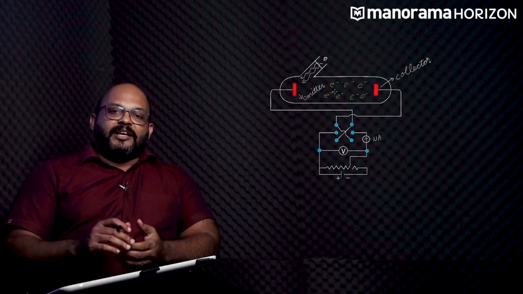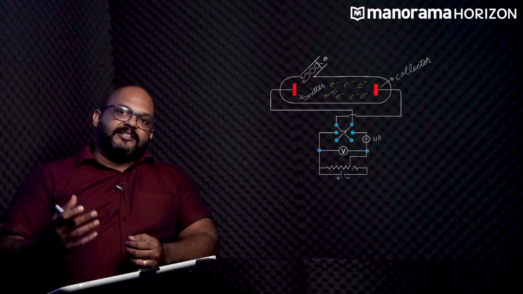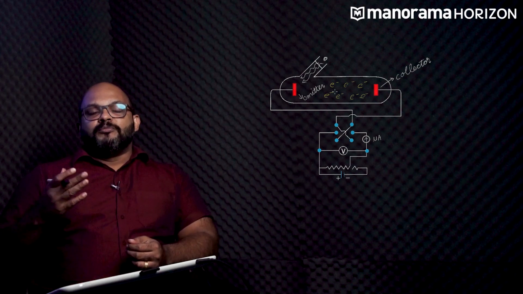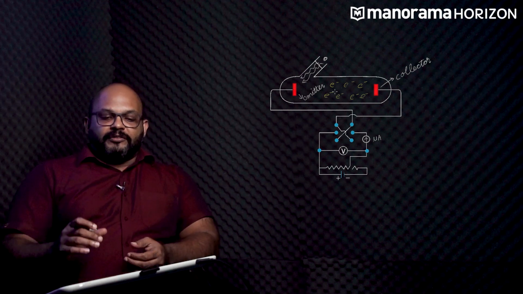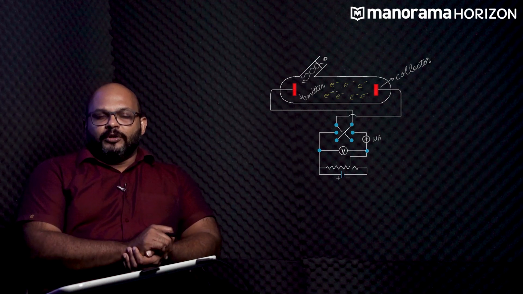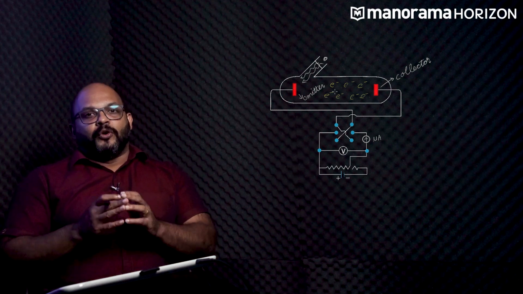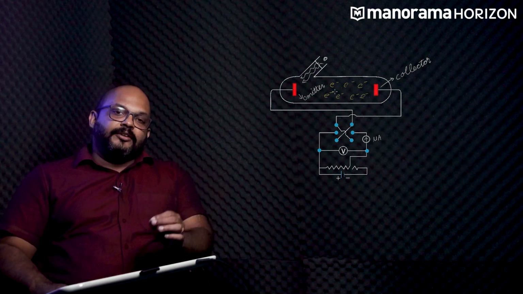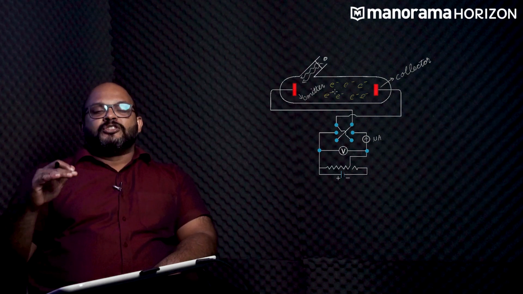Now let's say that we have a fixed intensity of light, and we can gradually change the collector potential so it becomes more and more positive. What will happen? If you observe the reading on the microammeter, you will notice that for a set value of intensity, that is, for a fixed value of light brightness, the photocurrent will increase up to a particular level and then stop increasing.